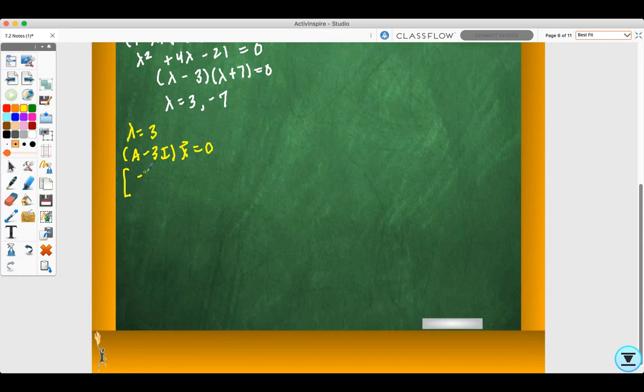So my matrix would be negative 2, negative 4, negative 4, negative 8. The first thing I can do is zero out the bottom row by adding negative 2 times the first row. And then I can divide the first row by negative 2.